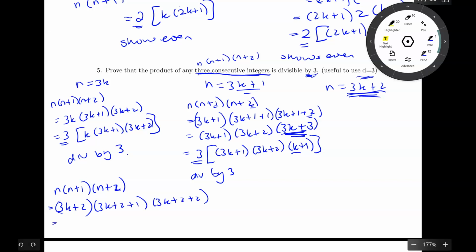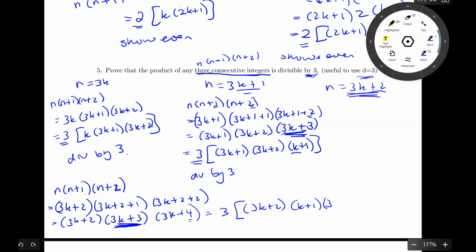Okay, so I'm going to simplify these. 3k plus 3, and 3k plus 4. So that should have been broken down; this really turns into a 3k plus 1 again. But all I really need to do is show that it's divisible by 3. So I'm going to factor the 3 out. This gives me k plus 1 times 3k plus 4. There it is, divisible by 3.